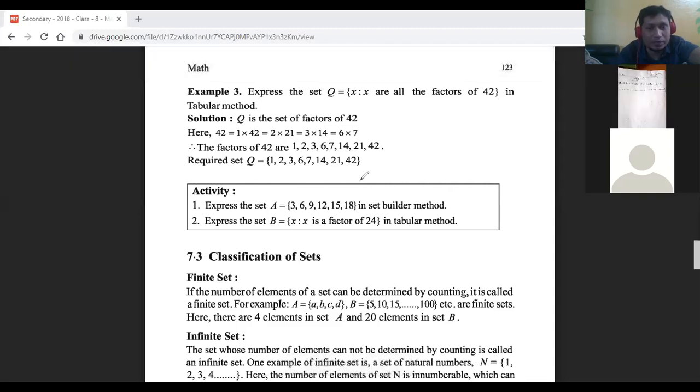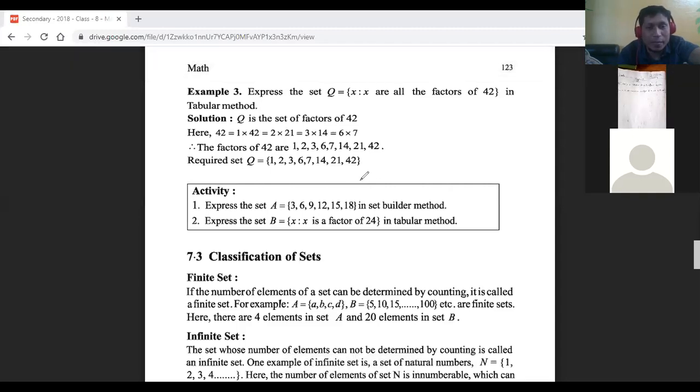Okay, here is written: x such that x is an odd number multiple of 3 and x is less than or equal to 18. I think it's fully correct. Let us see the book again: 3, 6, 9, 12, 15, 18.